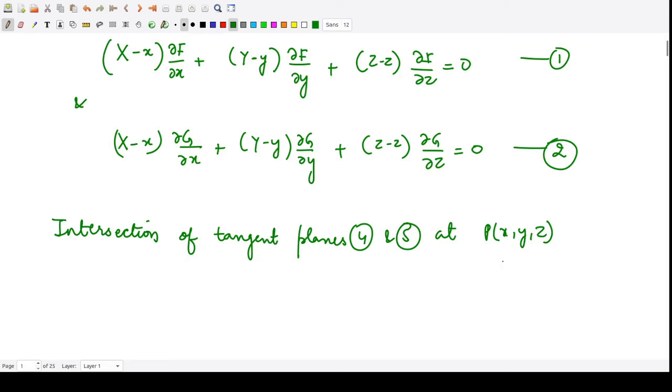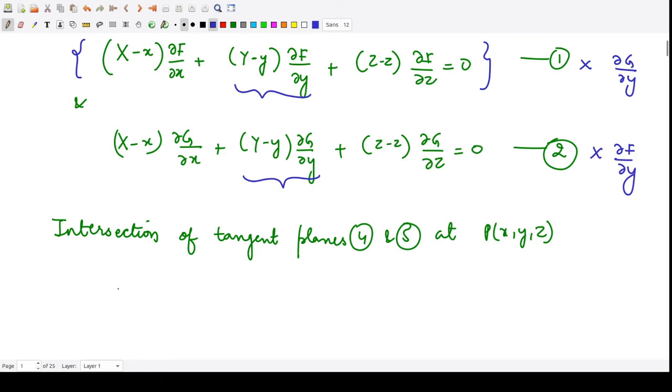And how can you obtain that? Firstly, we'll eliminate the factor of y here. For eliminating this factor, we'll multiply the first equation by del g by del y and the second equation by del f by del y, and then we'll subtract these two.